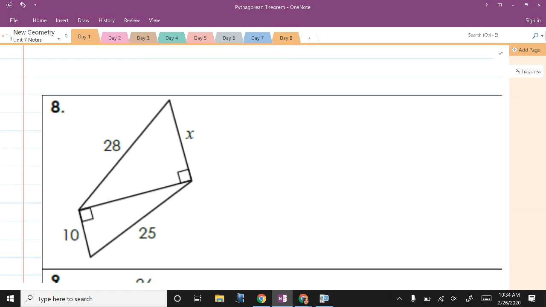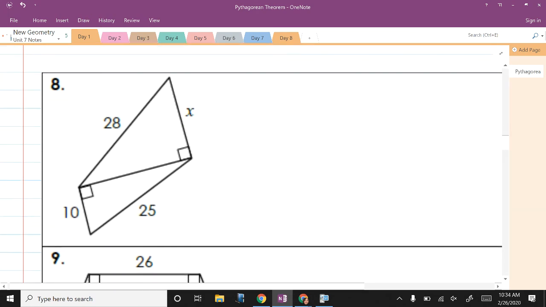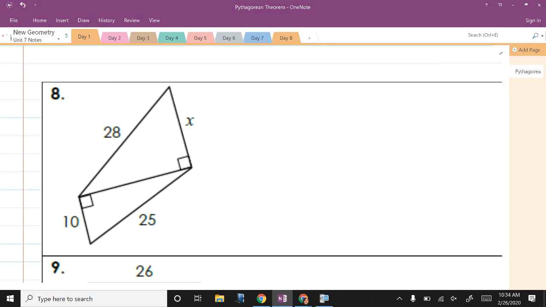All right. Well, looky. Here's another one that's kind of similar. Number 8. What do you think we're going to have to do to get X here?